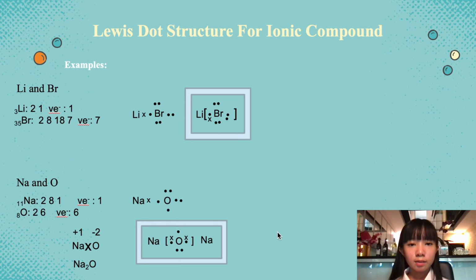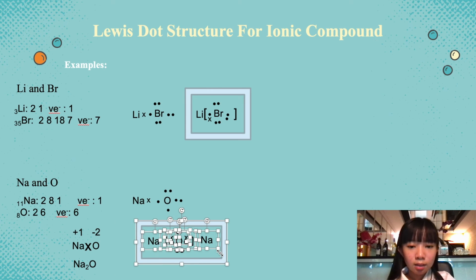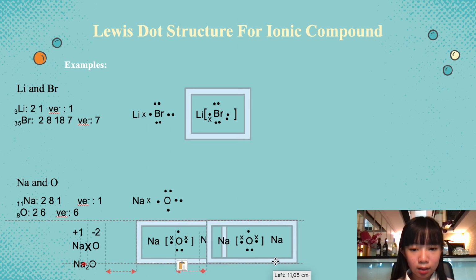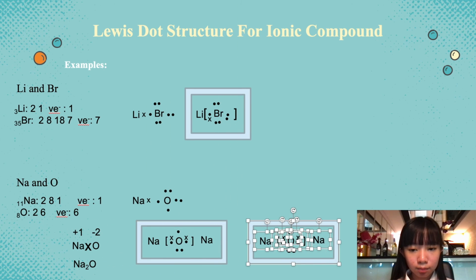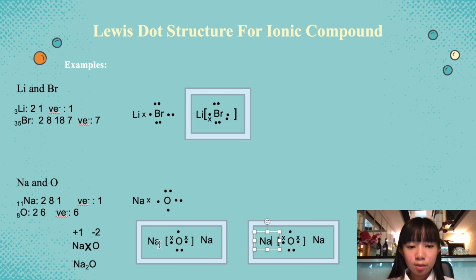We can also express the Lewis dot structure in another way. For example, because sodium gives the oxygen 1 electron, this will make sodium plus 1.